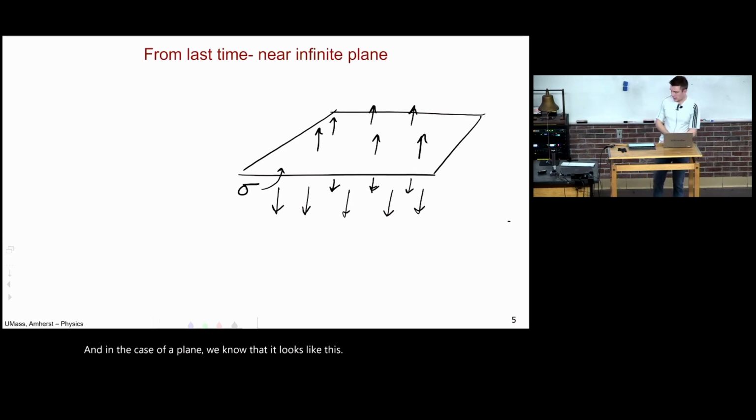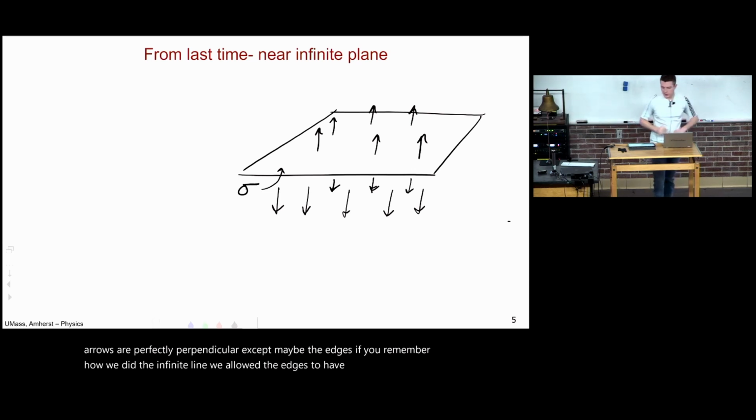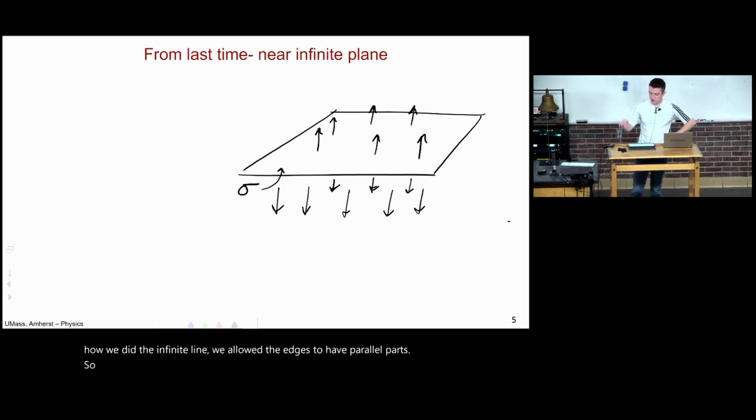Now, our next step is to draw a Gaussian surface through which all these arrows are perfectly perpendicular, except maybe the edges. If you remember how we did the infinite line, we allowed the edges to have parallel parts. So we need to draw a surface through which all these lines are perpendicular. And we have three options: a sphere, a cylinder, and a box. What do you think is a good idea?